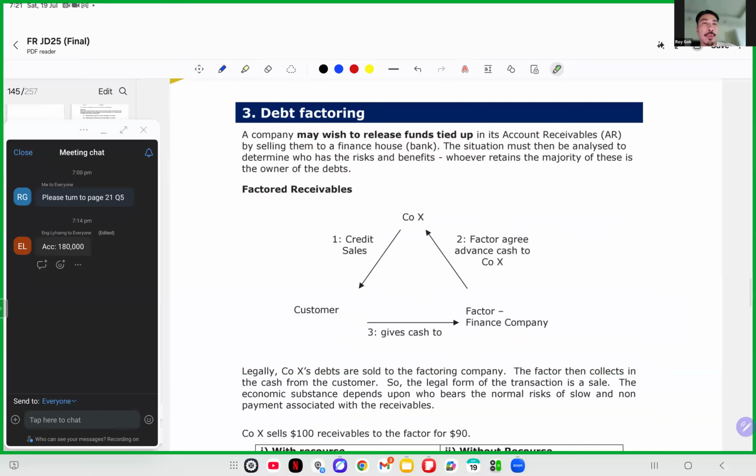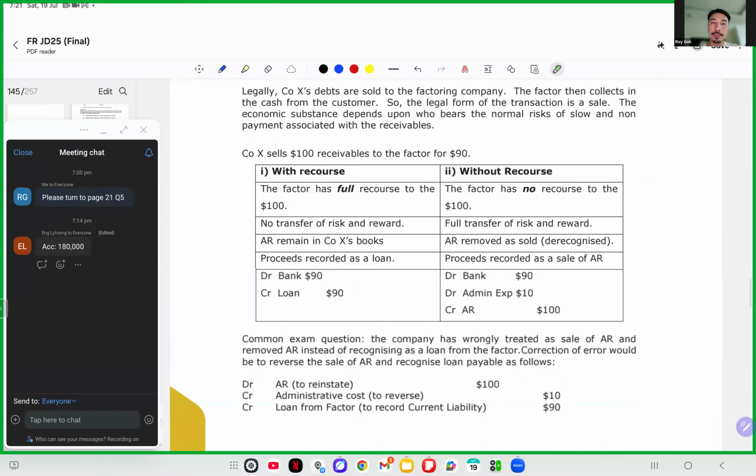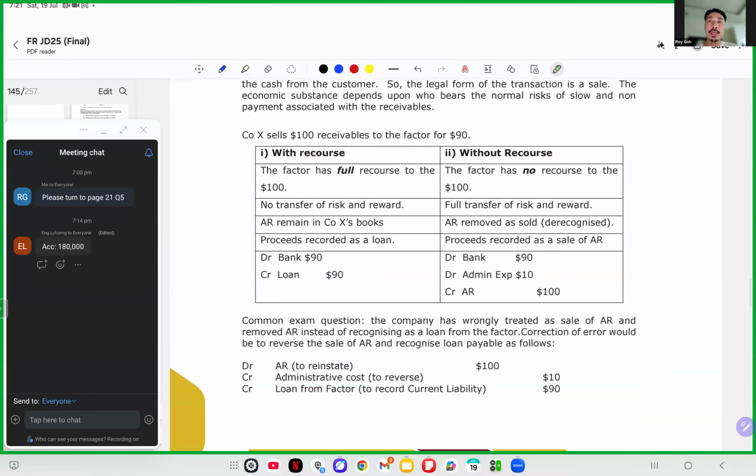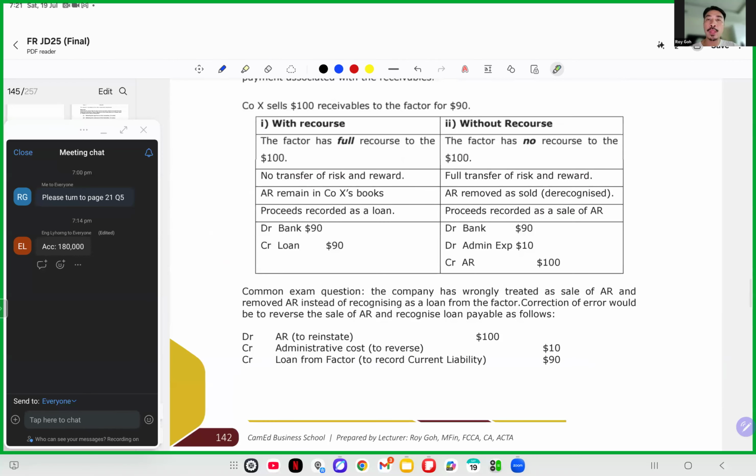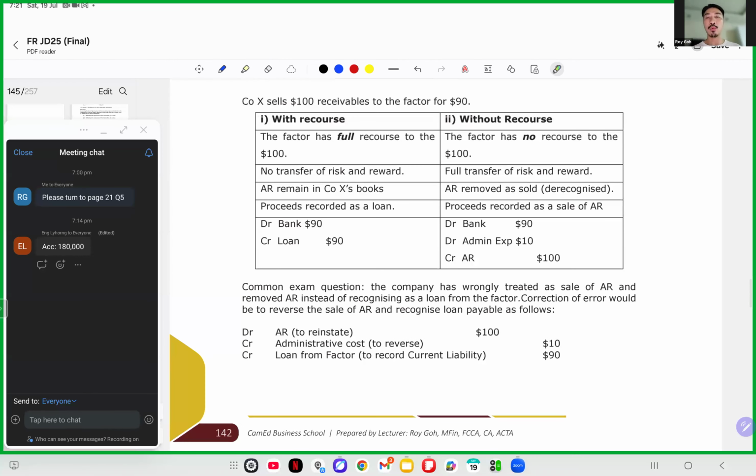What's called debt factoring? You sell your accounts receivable. When you sell your accounts receivable without recourse, on page 142, you shall remove your accounts receivable. So without recourse, remove accounts receivable.